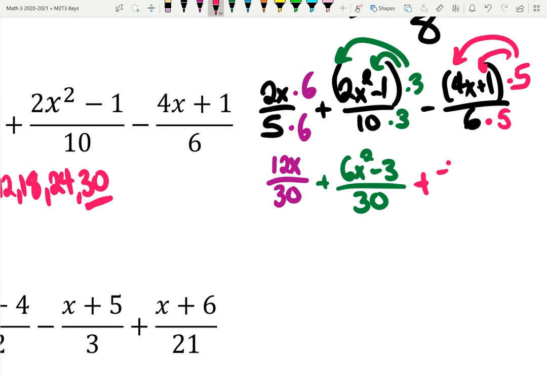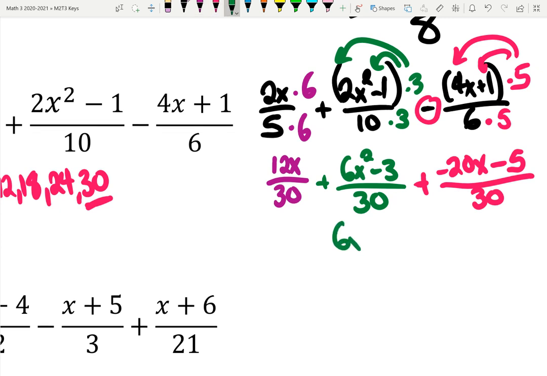So I'm going to go ahead and treat this as negative 20x minus 5 over 30. I always like to distribute this negative sign into my numerator and rewrite it as addition. This enables me to prevent integer errors when I combine them all together.